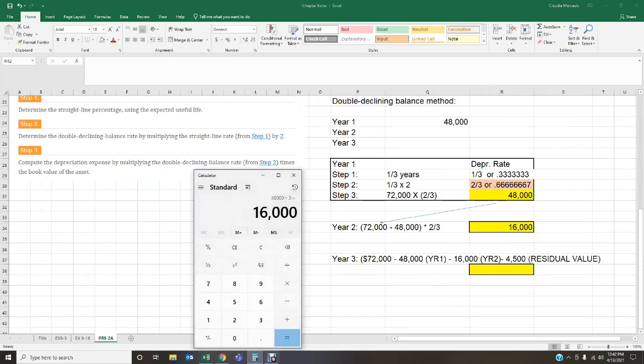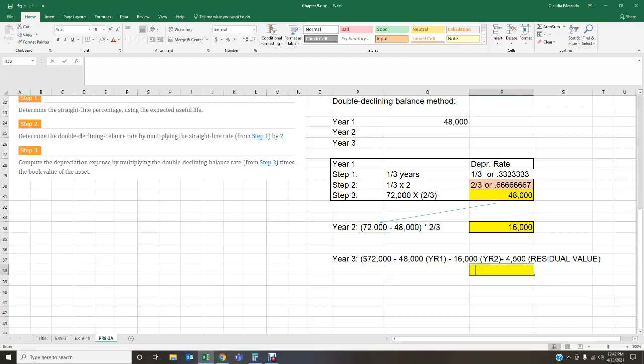We have the 72,000 original cost, minus my depreciation for year 1, 48,000, minus my depreciation for year 2, 16,000, minus my residual value of 4,500. That means I'm going to depreciate this particular asset for $3,500 on the last and final year.